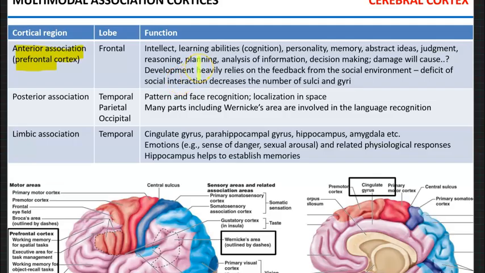Now, one important feature of that cortex is that social environment is really important for brain development. So there were studies showing that the actual anatomical structure of prefrontal cortex in people who were raised by animals, and there are examples, differs from people who were raised by humans in a proper social context.